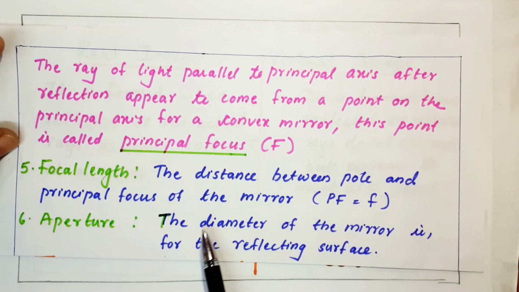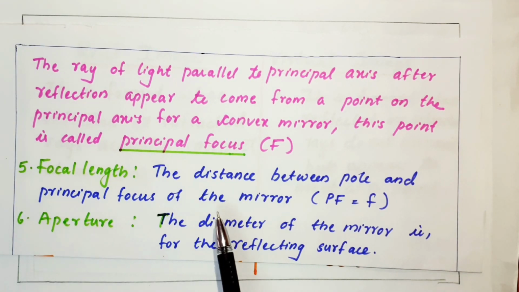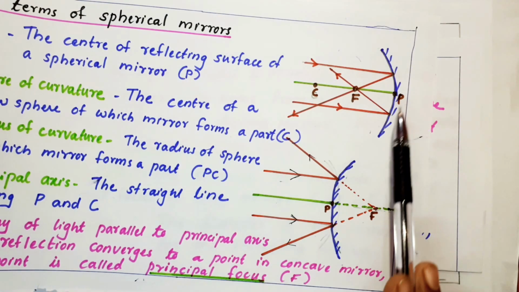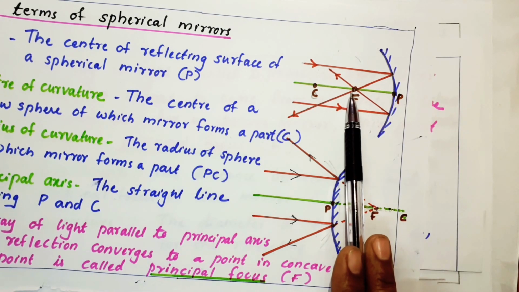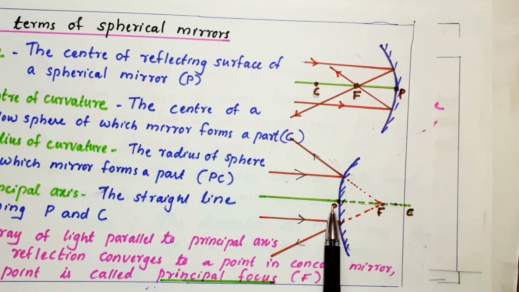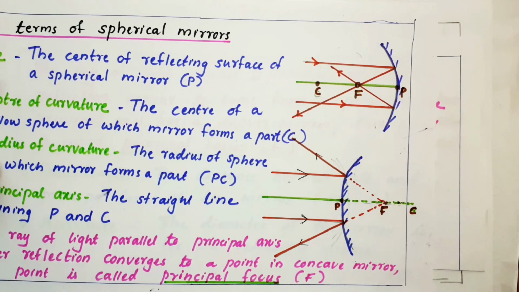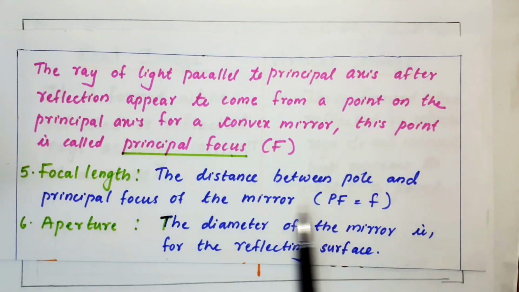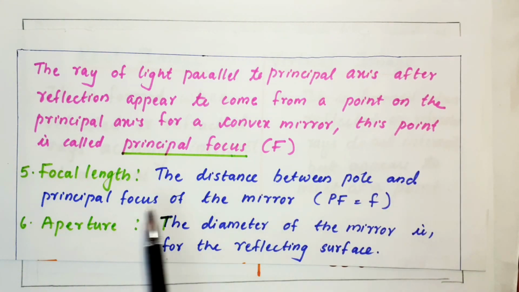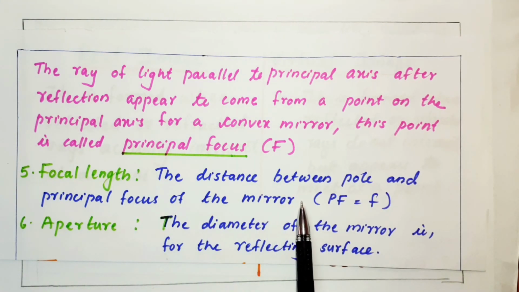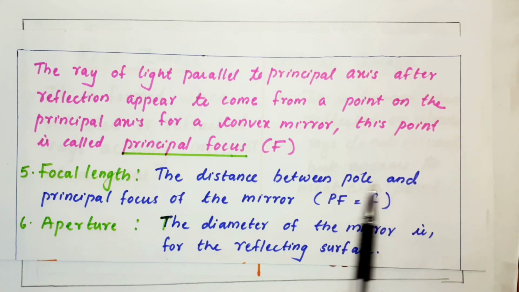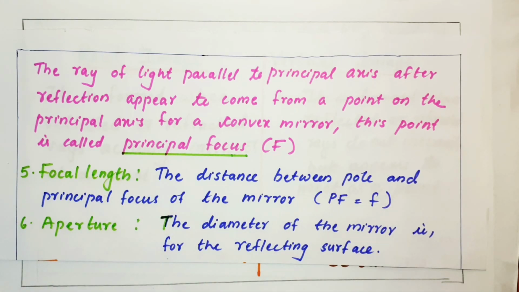Next two points are focal length. Focal length is the distance from pole to that focus. The distance between pole and principal focus is called focal length. It is denoted with F.